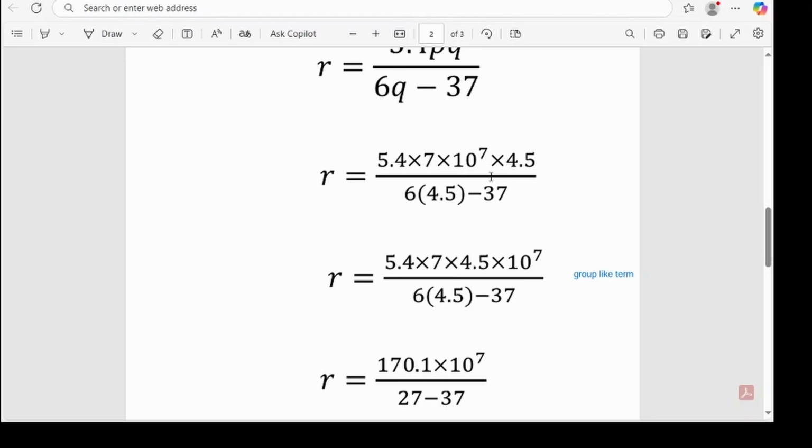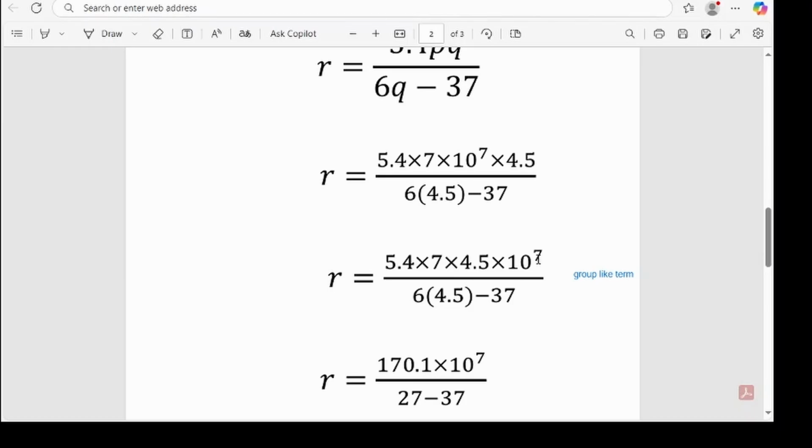So when we group like terms, we are going to shift the 10 to the other side. So here we are going to get 5.4 multiplying 7 times 4.5 multiplying 10 exponent 7, or 10 raised to the power 7, right? That's for the numerator. So the numerator is the value on top of the fraction, right?